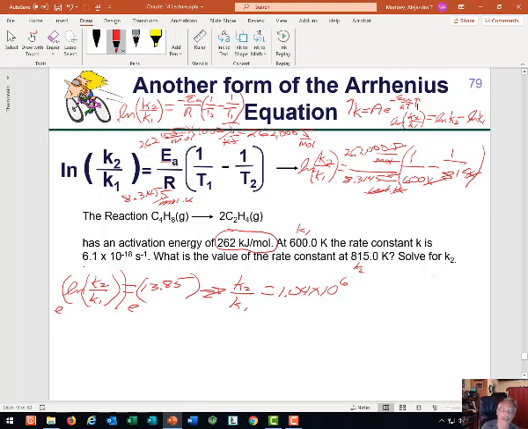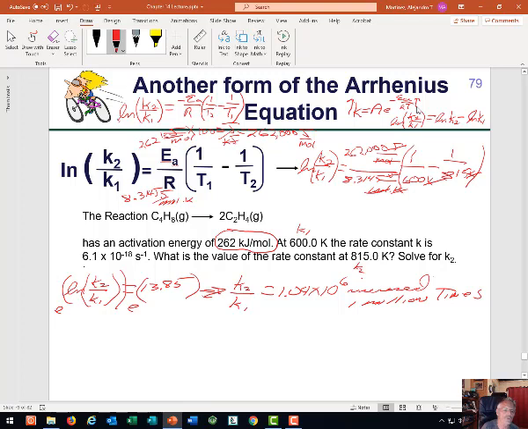What this is telling us is that by raising the temperature from 600 Kelvin to 815, which is only a 215 Kelvin difference, I've increased the ratio of my rate constants by 1,000,000 times. That's just a little bit of a temperature increase, which gave me 1,000,000 times the rate for K2 over K1.